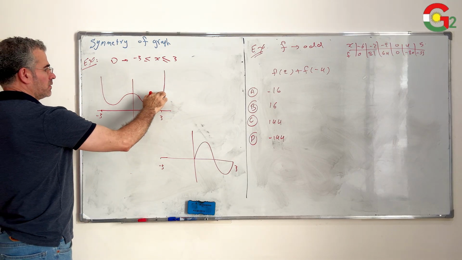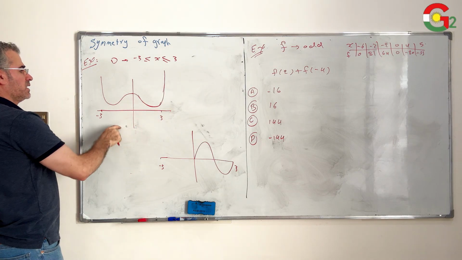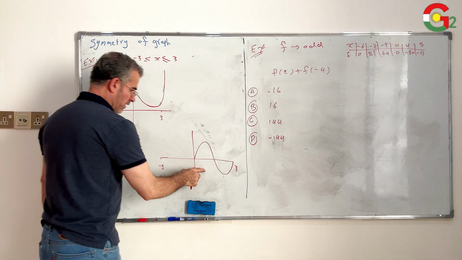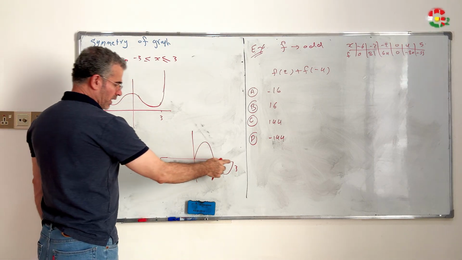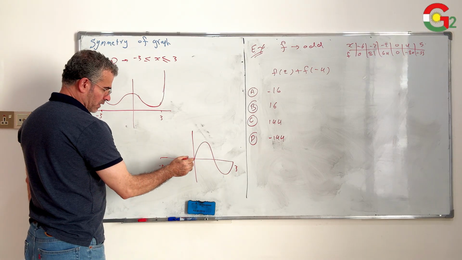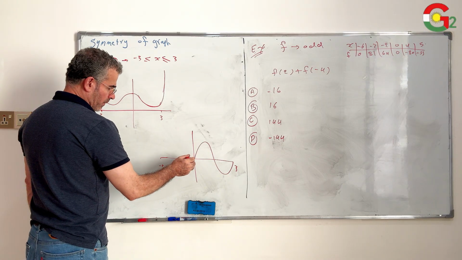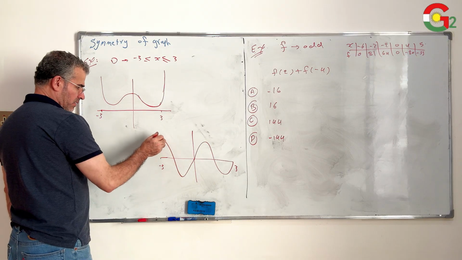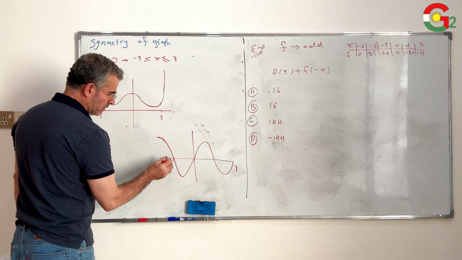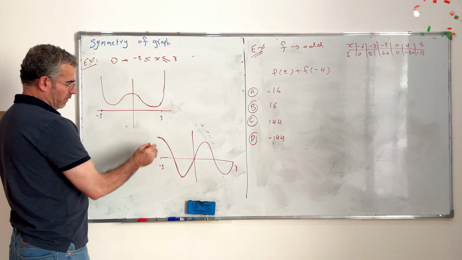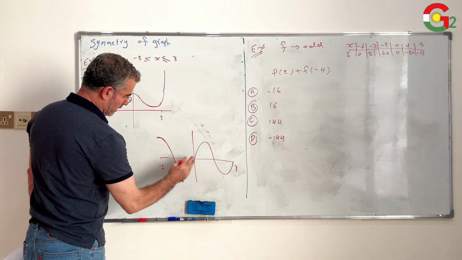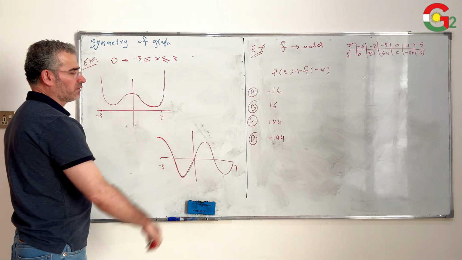This is our graph if this function is even and its domain is from -3 to 3. For this function being odd with the domain from -3 to 3, the two halves should match if I flip it once by the x-axis and once by the y-axis. Then this is the left half. If I flip it by the x-axis, then by the y-axis, the two halves will match.